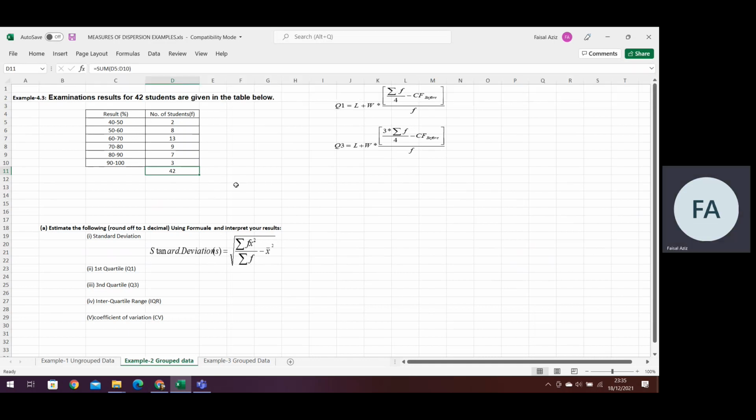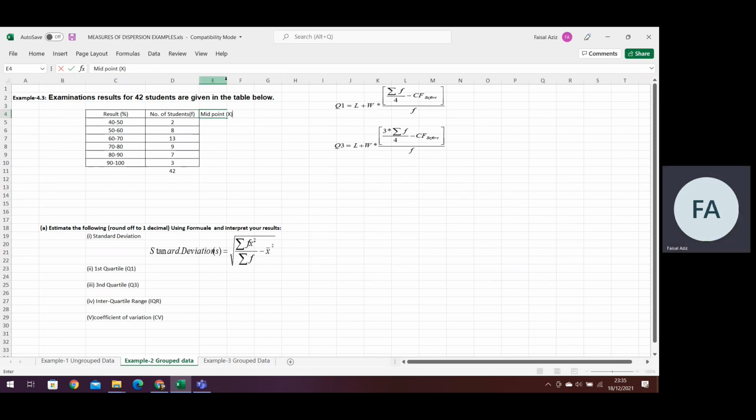Then afterwards, we need to calculate fx. So f into x square. So we are not having x value. So x is the midpoint. So simply I will put heading here midpoint, which is x.